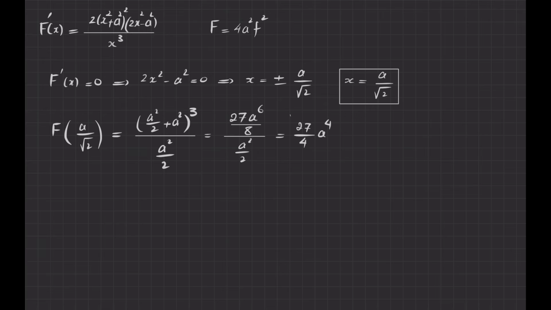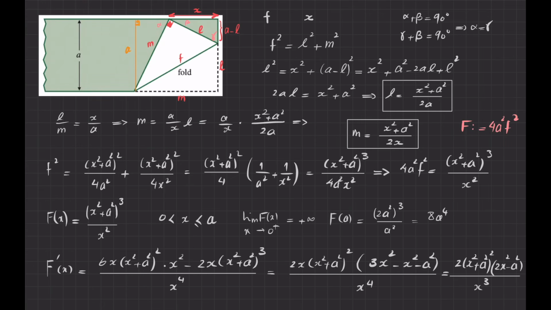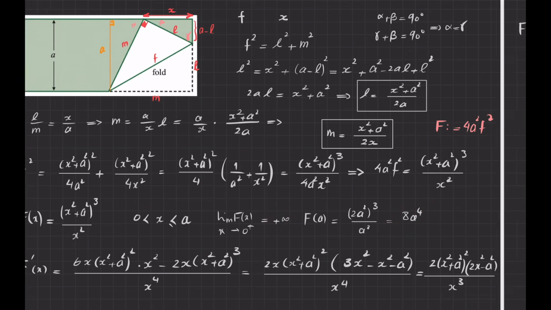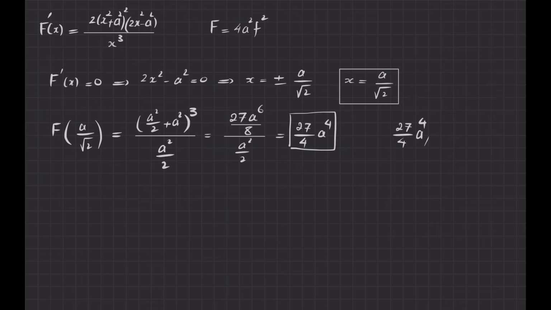Okay, so these are the values that we get: 27 over 4 a to the power of 4. And the next ones are these numbers. One of them is of course infinity, and the other one is 8a to the power of 4. If you want, I can informally write plus infinity here.